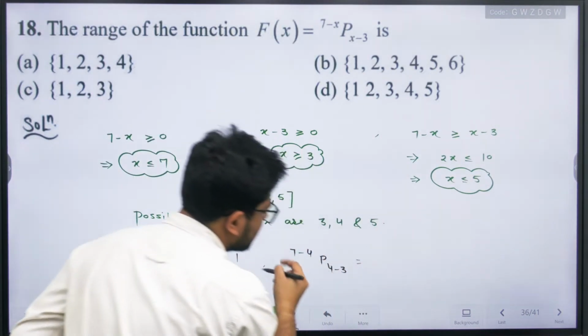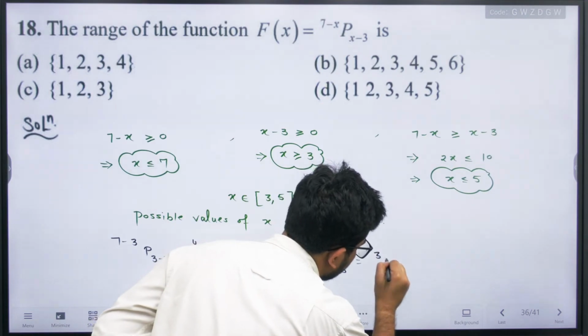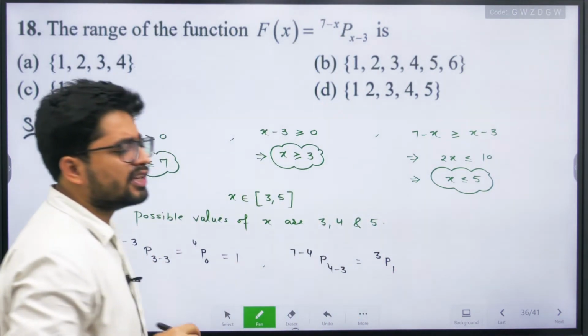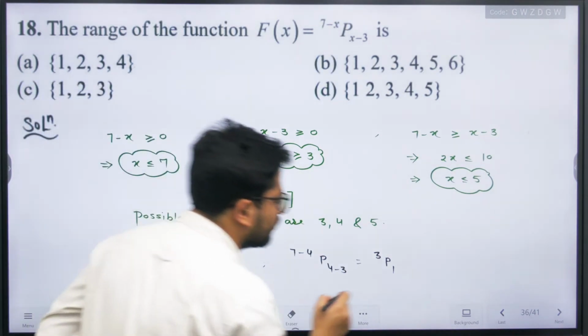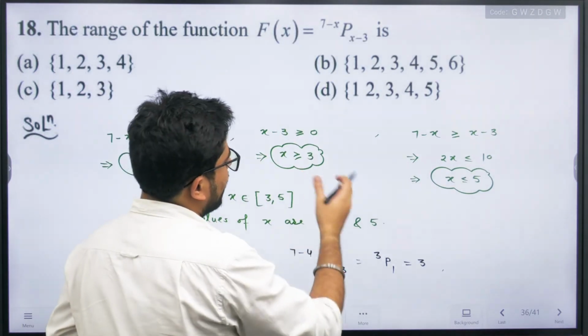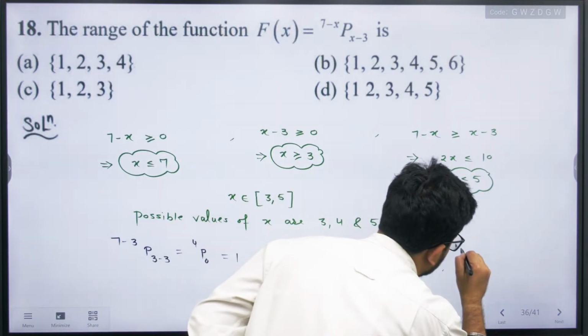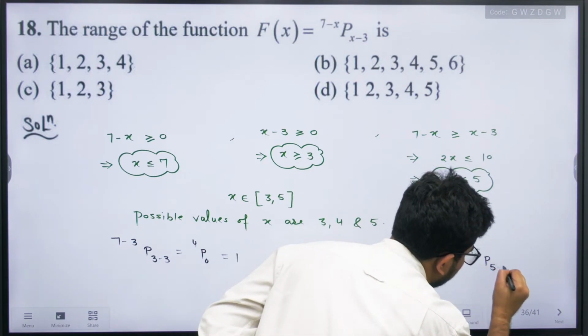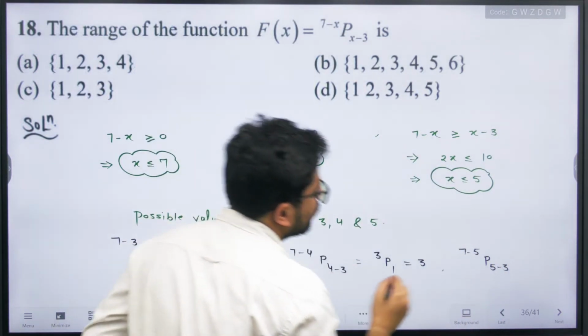That is, 7 minus 4 is 3, P, and 4 minus 3 is 1. 3P1 is 3 factorial upon 2 factorial, which is 3. Okay, and the last one is whenever x is 5, the thing is (7 minus 5)P(5 minus 3).